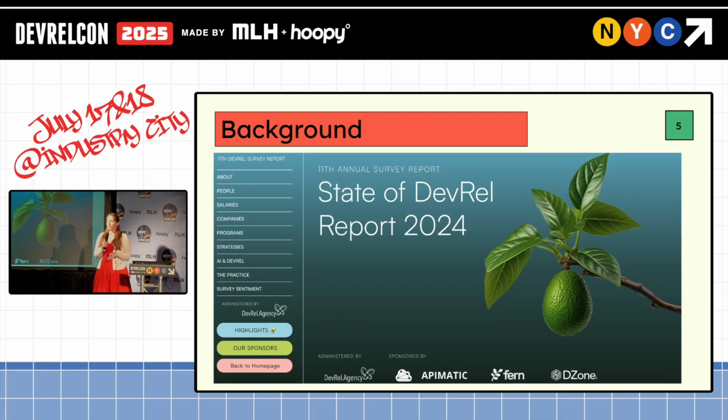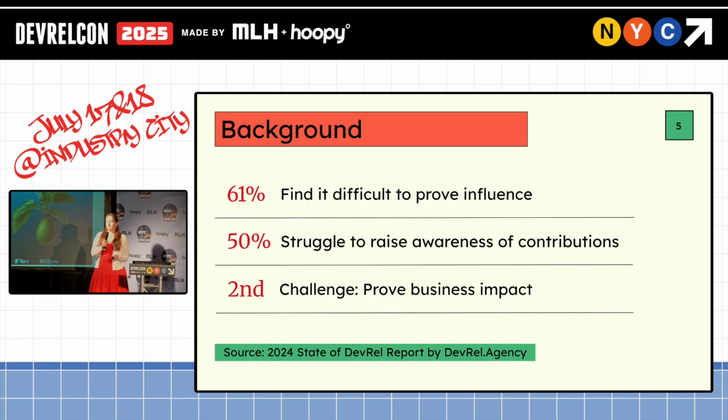It's probably one of the most widely referenced surveys in the field. And it reports on things like how are teams structured? What are they focused on? What challenges are they facing? And it found that 61% of DevRel professionals were saying that they were finding it difficult to prove their influence.